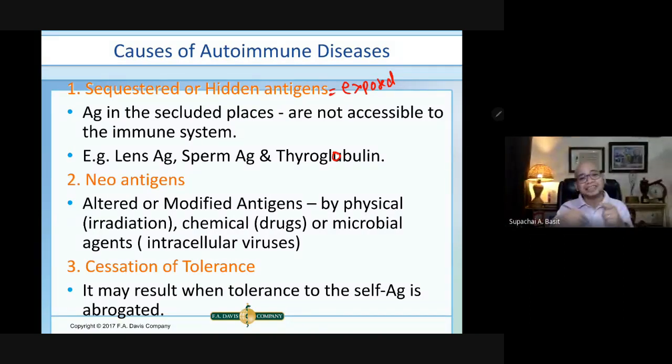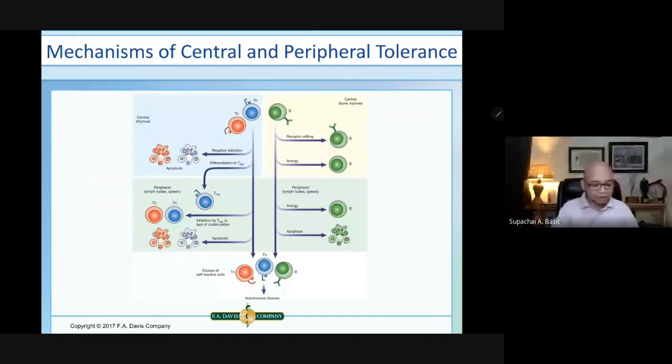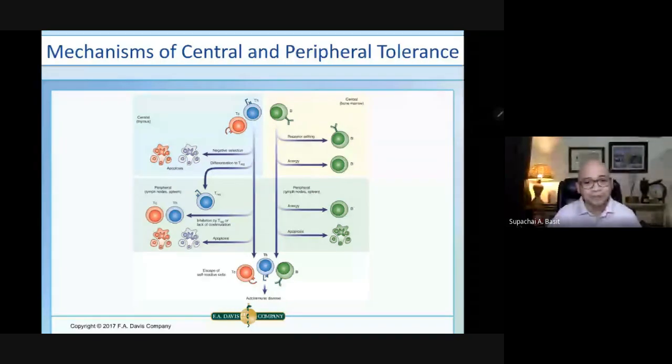The third reason is cessation of immunologic tolerance. Let us discuss this particular graph. When we say central tolerance, remember that central tolerance occurs in the thymus and bone marrow as the T and B lymphocytes mature.